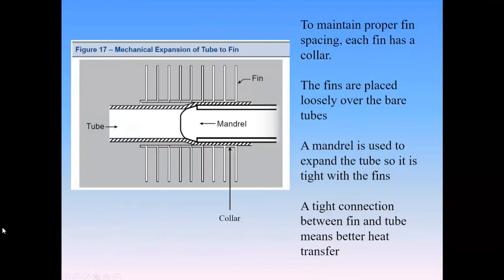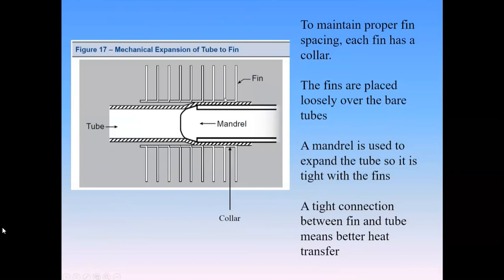So one way that we may create this fin tube is we take the tube and push it through a mandrel, which we might use to expand the tube, and that makes the tube a little bit larger, so it pushes up and has a nice connection to that fin. So that could be one way that fin tubes are made. We expand the tube to fit the fin.